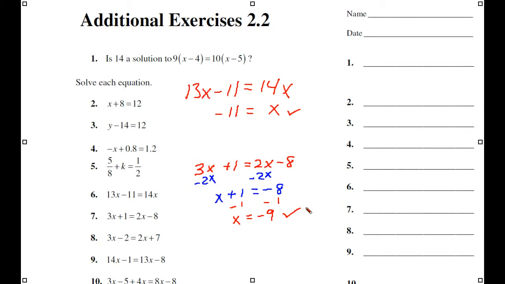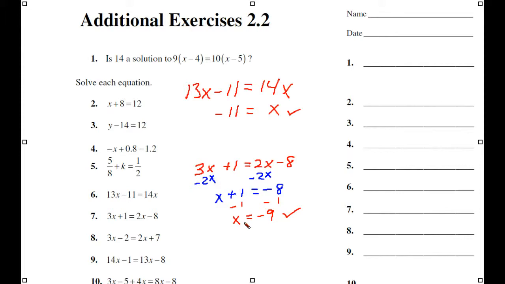So the technique that you are developing, these series of steps, here there was only one, but here there's like 3, this series of steps, and notice I try to keep the equal signs lined up, are called solving an equation.